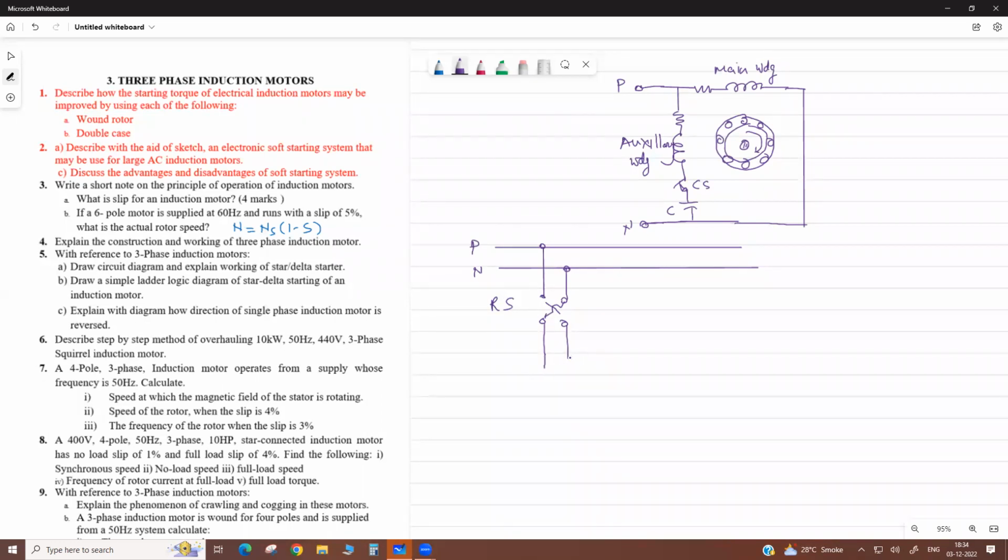Then this supply goes to feed the auxiliary winding, with this centrifugal switch and capacitor. Next is your main winding.